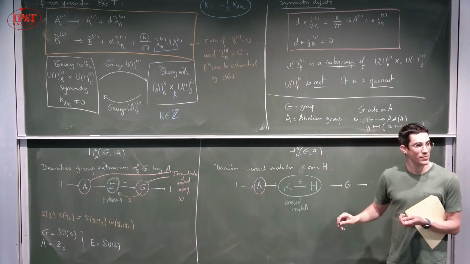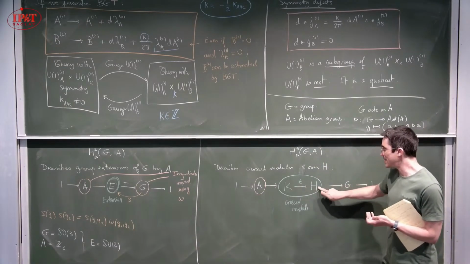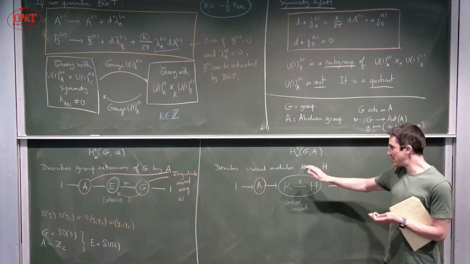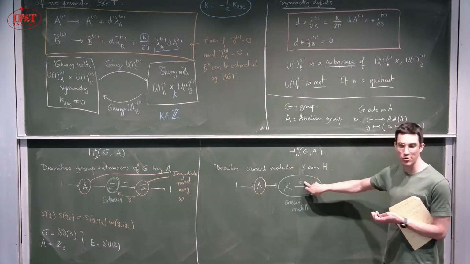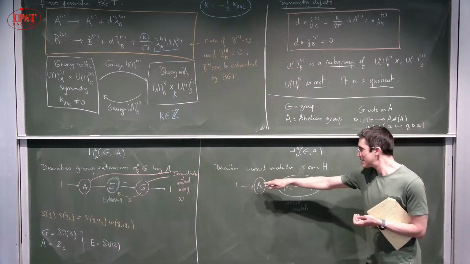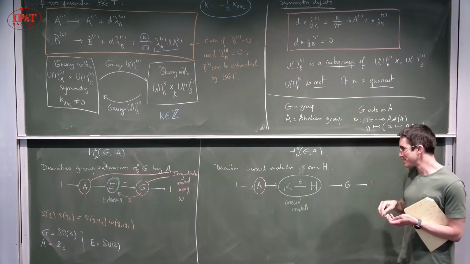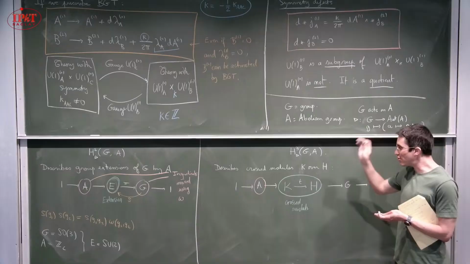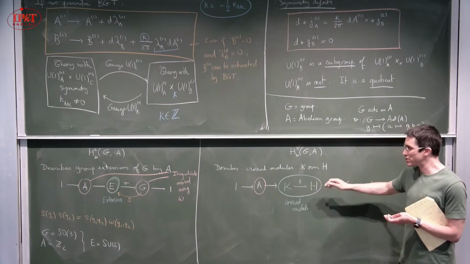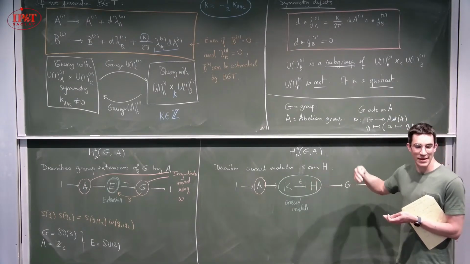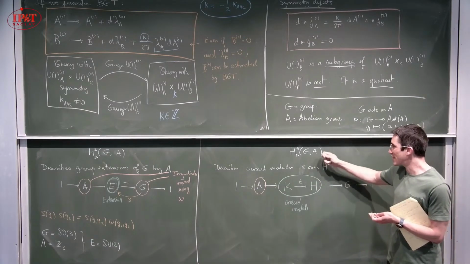So K is a group and H is a group. Both are groups. Yeah, they are just some group morphism, and it sits in this sequence. And I'm looking at the equivalent. I should explain when two such things are equivalent and so on. But then the equivalence classes of such things are classified by that.